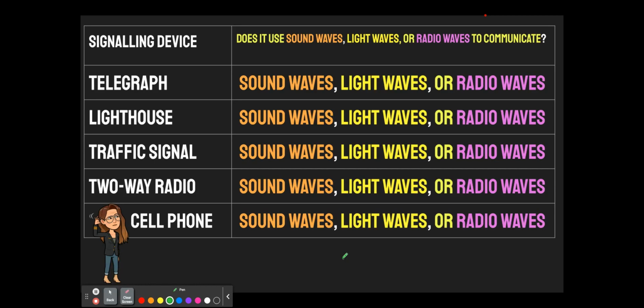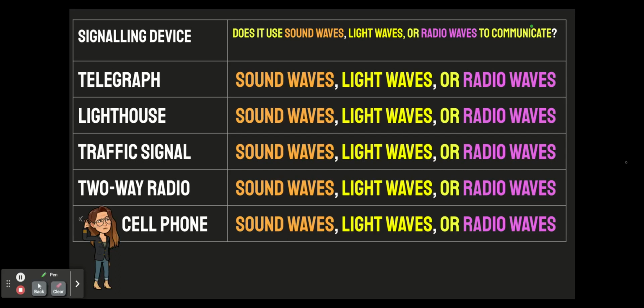Now that you've seen an example of each of these devices, or you've heard how they work, it's going to be up to you to use the table in your slideshow or set up a table in your notebook or on a piece of paper so that you can show which type of wave is used by each signaling device.